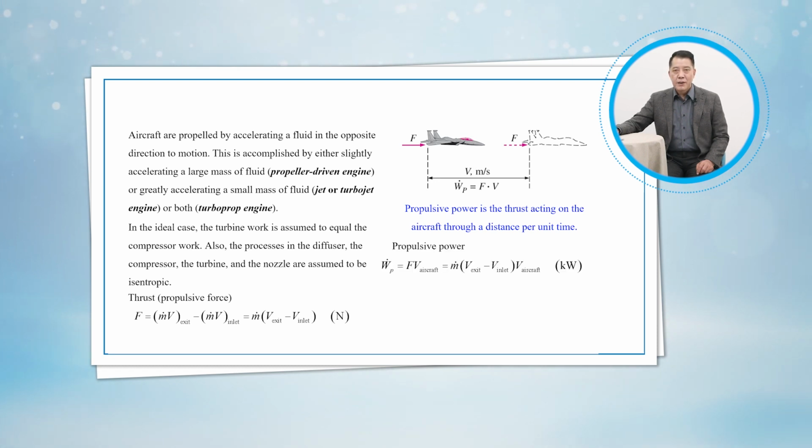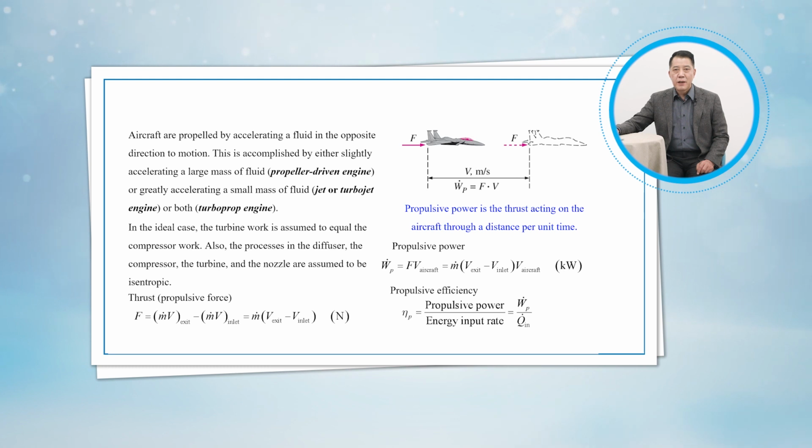The power developed from the thrust of the engine is called the propulsive power, which is the propulsive force times the distance. This force acts on the aircraft per unit time, that is, the thrust times the aircraft velocity.